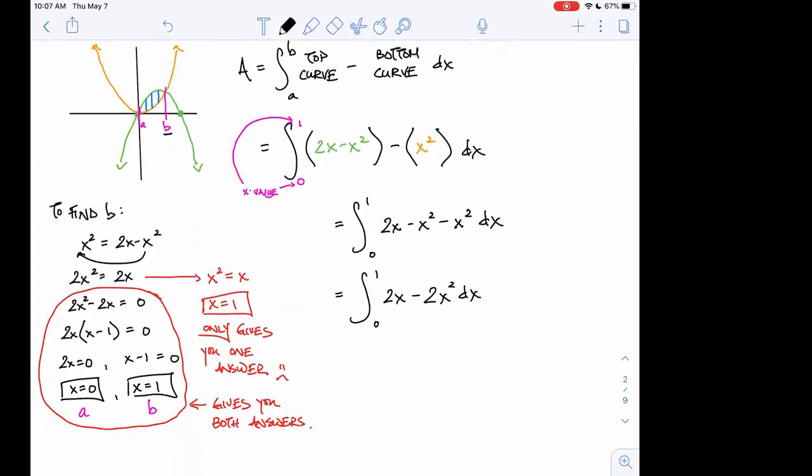Now, when we integrate, we need to use the power rule. The integral of 2x is x squared, and the integral of 2x squared is going to be 2/3 x cubed. And I'm going to draw the vertical line, and put a 1 and a 0.